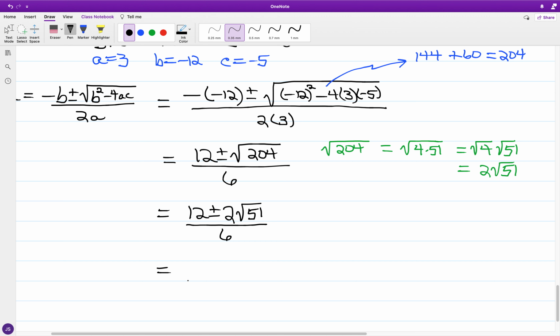Let's say we factor out a 2 and divide. 6 will factor out to 2 times 3, and 2 into 12 goes 6 times, and for the plus or minus 2 times the square root of 51, well, the 2 is already factored out.